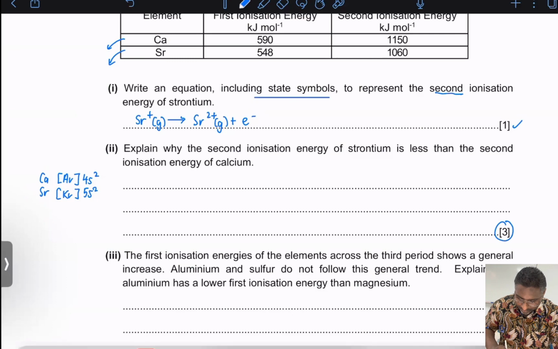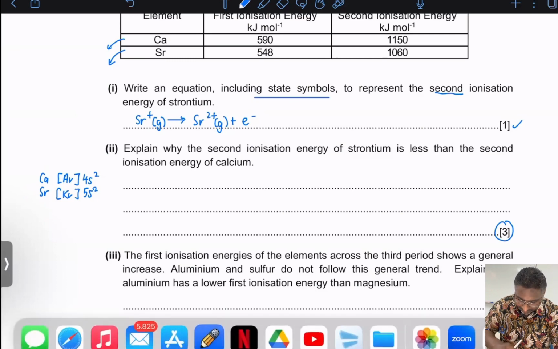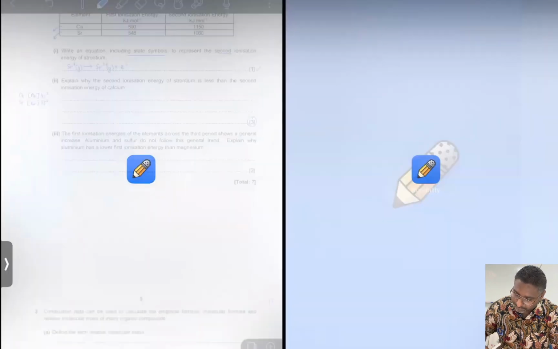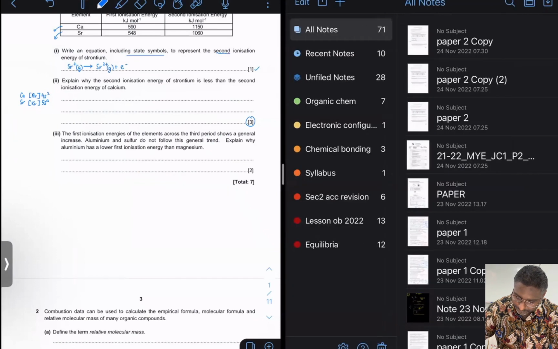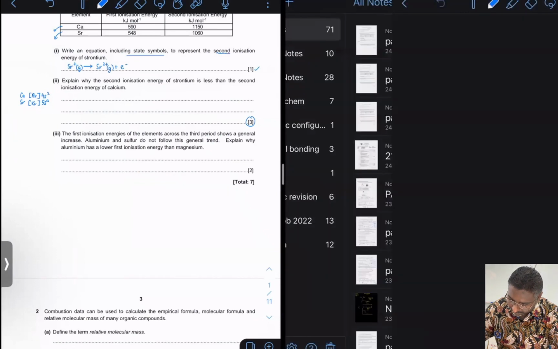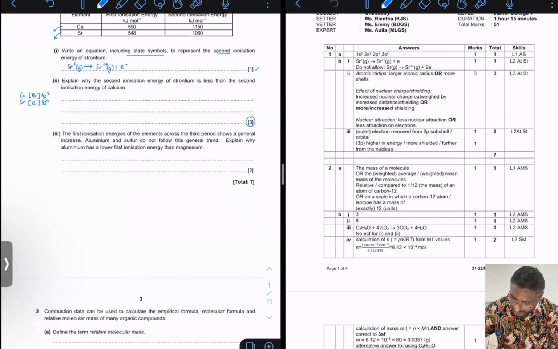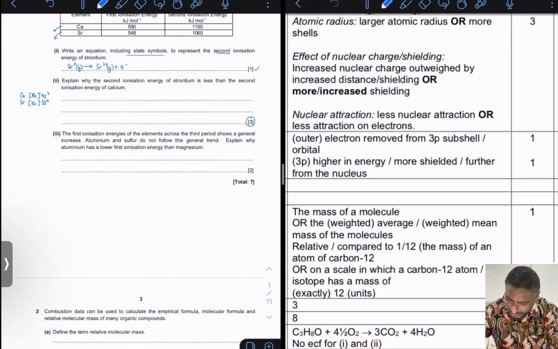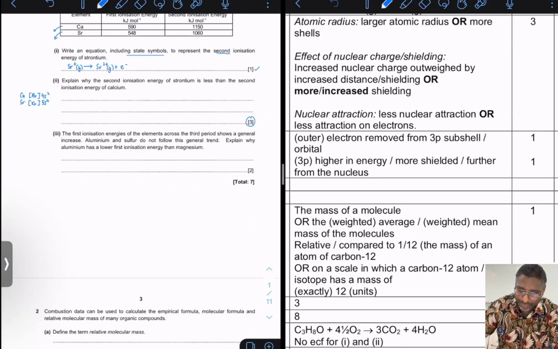But let's look at what the marking key says. What they want you to answer is atomic radius.